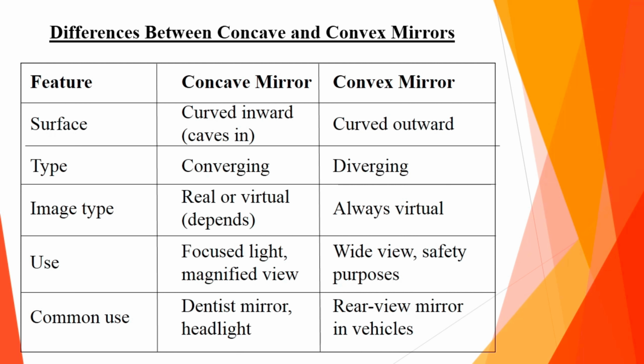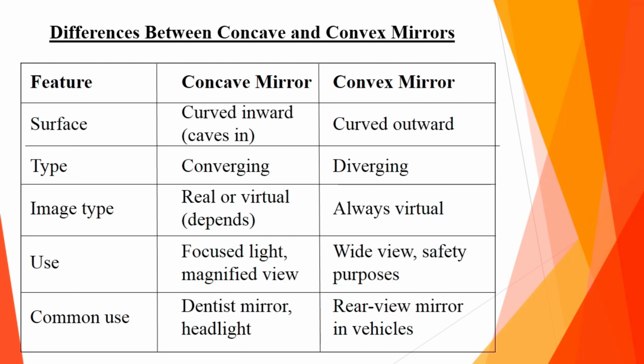For example, the object is far, the image is real, inverted and smaller. If the object is close, the image can be virtual, upright and magnified. And the convex mirror always forms virtual images. These images are always upright, smaller than the object and located behind the mirror. Concave mirror has a real focus, convex mirror has a virtual focus.